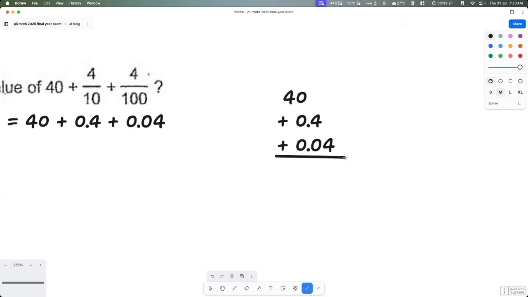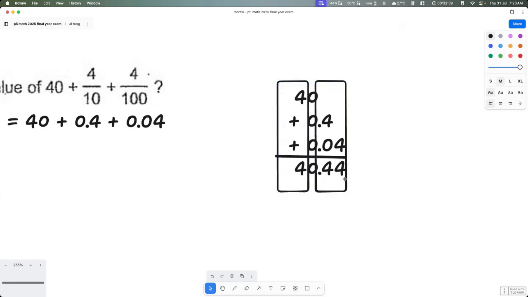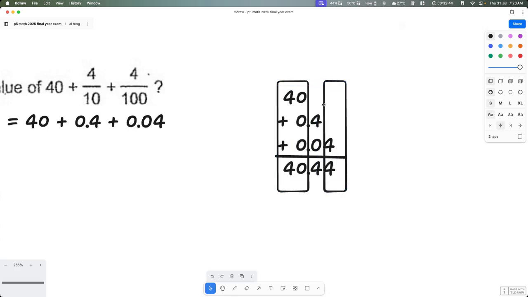So we will then put the answer. In this case it will be 40.44. I'll put a rectangle, so you have the 0, put it small, and then you have the 40, the 4, as well as what you see over here.